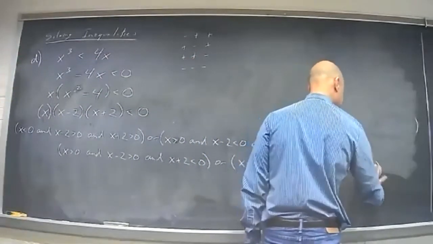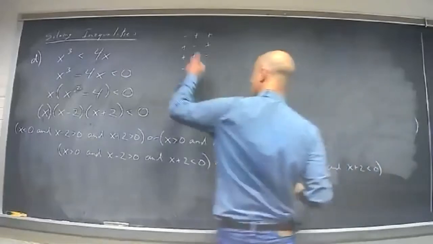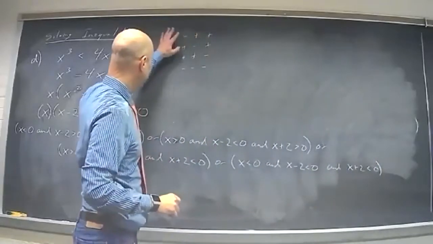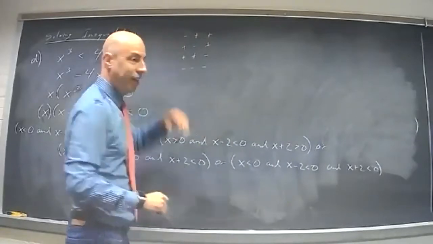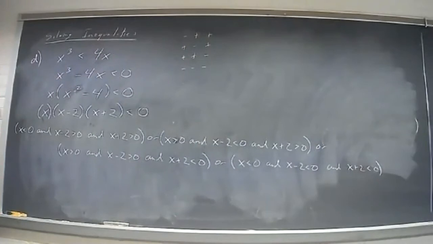All we've done is write out the 4 possibilities that we said we had. Either exactly one of them is negative, which gives us 3 possibilities, or they're all negative. And I don't know about you, but to me that looks like a nightmare.